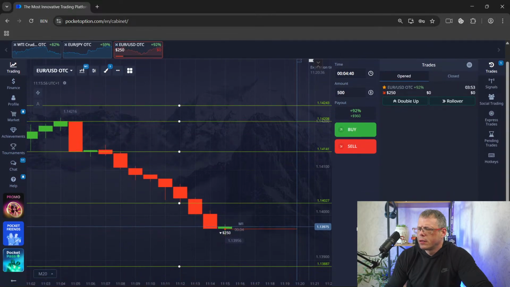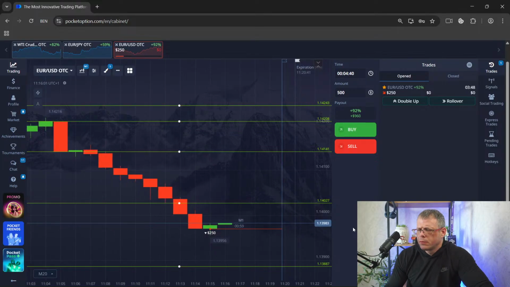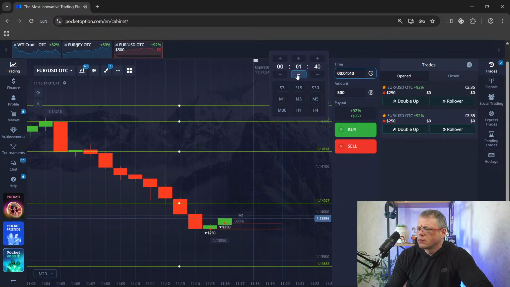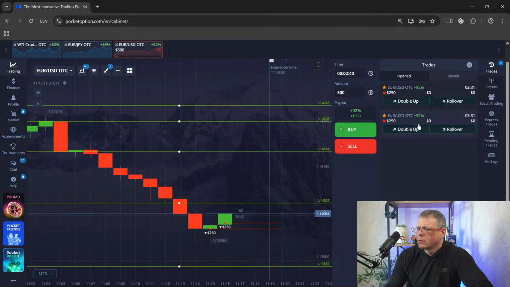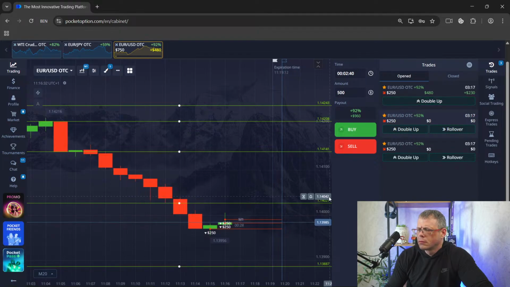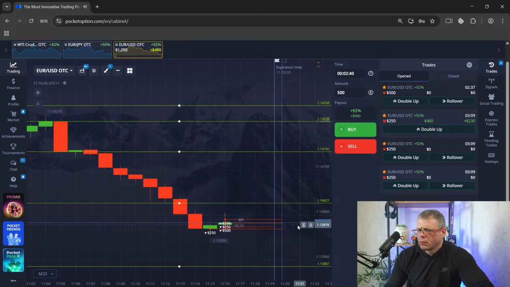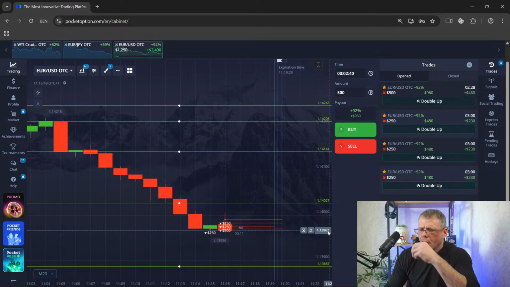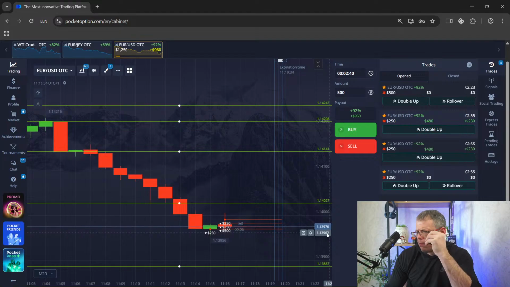So we're very close to like halfway of our goal of $1,000 per trading session. Big rejection on the higher price. Just not a lot of movement going on.